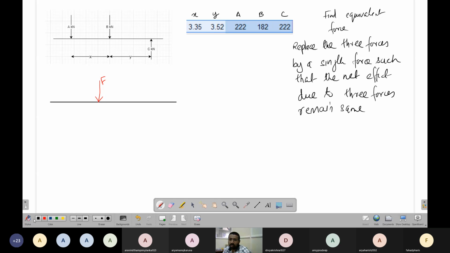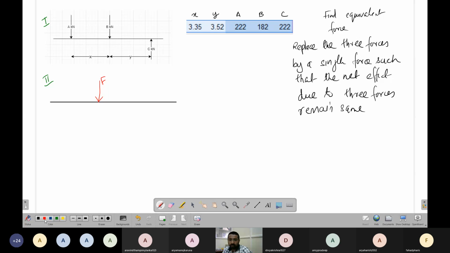When you have to replace forces, two things must be satisfied. All forces should be balanced. Let's call this system 1 and this system 2.